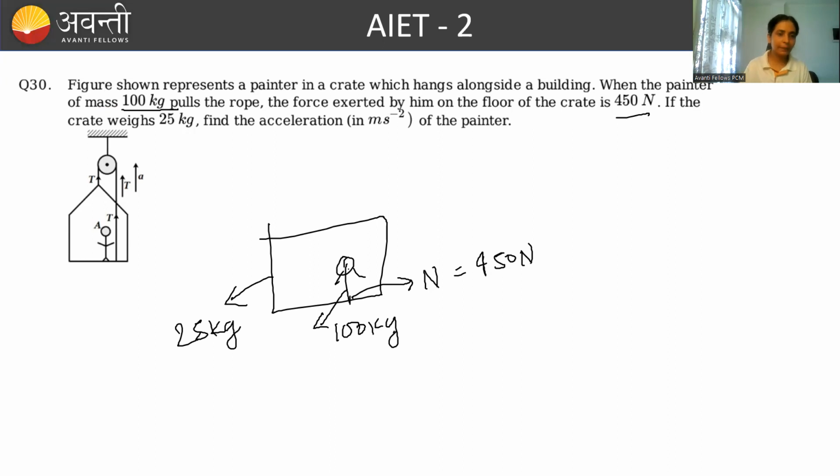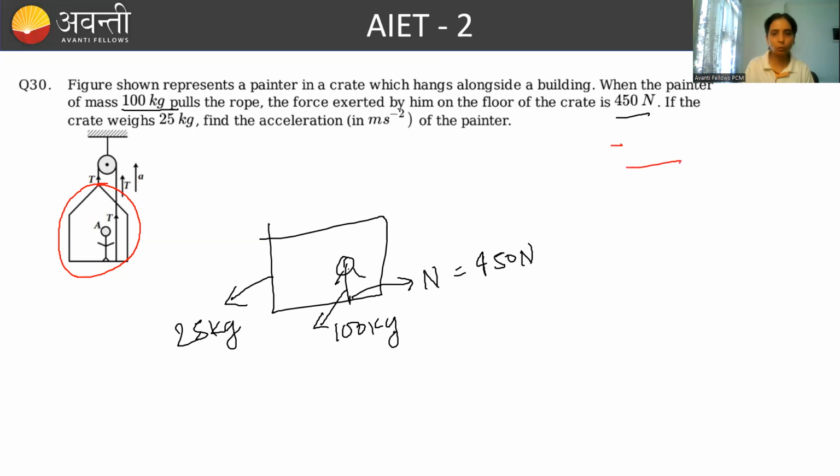Okay? First, look carefully at one thing. Again, in mechanics, understanding a system is very important. If we consider this crate plus painter as a system, then the normal force between crate and painter will be an inside force. And the only external force acting on this system will be tension in the upward direction.